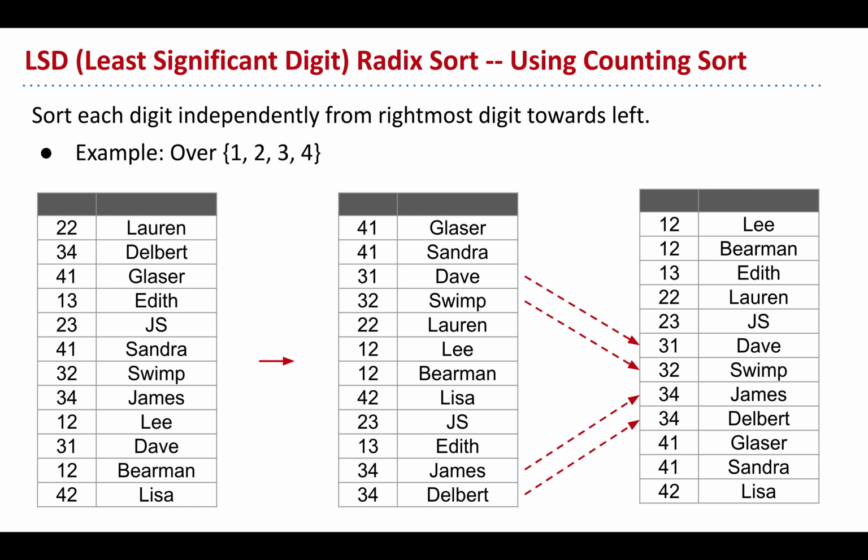So our first sort puts Glasser above Lauren, because we've sorted by our less significant digit. But by the end, we know that Lauren's going to be in the right place relative to JF's. So we sort at the least significant digit, and as we keep moving up, we get more and more sorted order, and it maintains the stability from the previous parts.